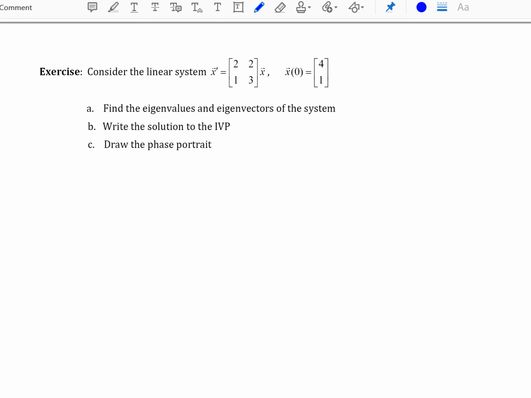Consider this linear system. Notice this one is already written as a matrix equation. What we're asked to do is find the eigenvalues and eigenvectors of this system, write the solution to your initial value problem, since we're given an initial condition this time, and then let's also draw the phase portrait.